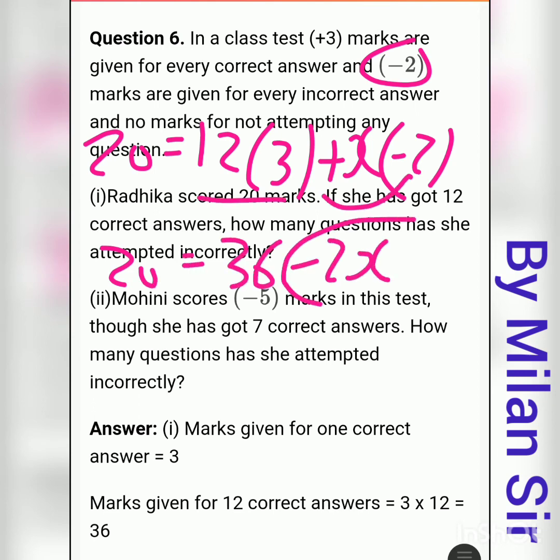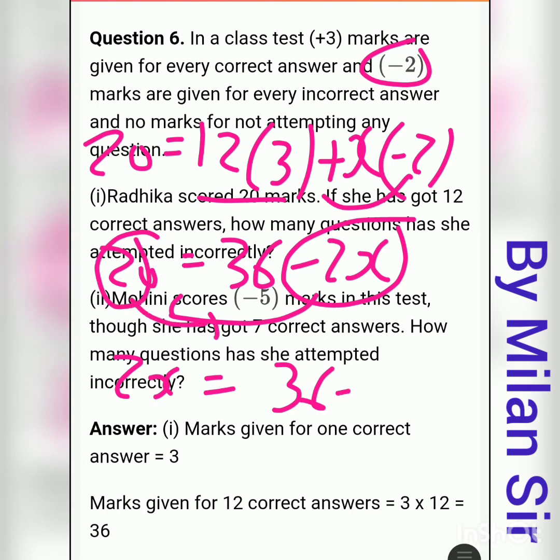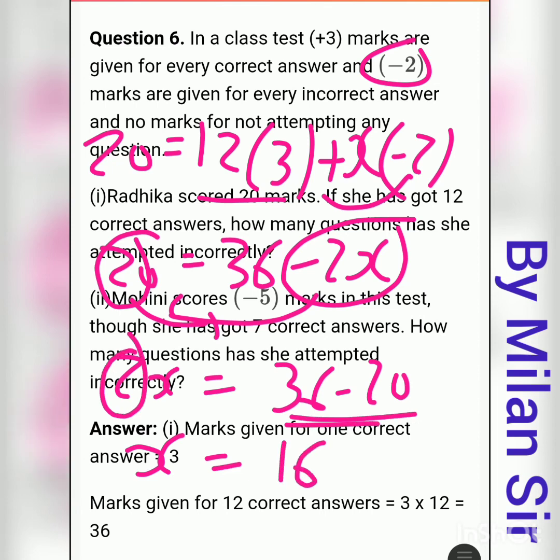But here we want plus x, that's why we transfer to the left hand side, so it becomes plus. Here we have 36, and the numerical terms we transfer to the other side, so 20 goes to the right hand side and becomes -20. So 36 minus 20 is 16. Now for finding x, we transfer this 2 to the right hand side, it goes to division, so 16 by 2 is 8. So 8 questions she had attempted incorrectly.